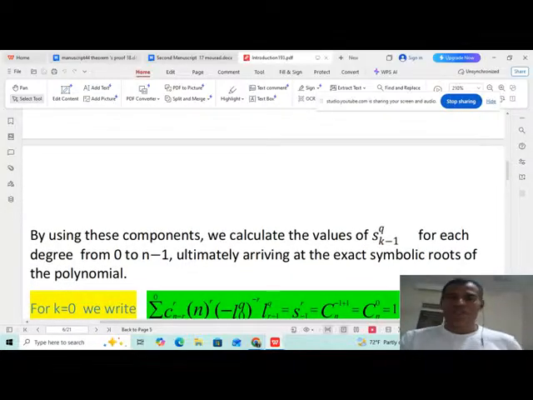By using these components, we calculate the values of sk minus 1 over q for each degree from 0 to n minus 1. Here the degree of my polynomial is 19, so 19 minus 1 is 18. You will start from 0 to 18 to get the new coefficients of the new 19th degree polynomial equation relative to the original 19th degree polynomial equation.